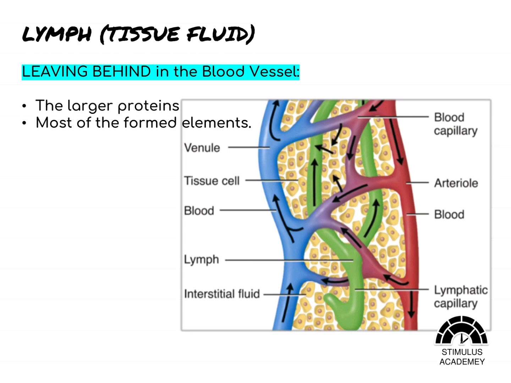And they leave behind the larger proteins and most of the formed elements in the blood vessels. So only water and water-soluble substances move out, while the larger proteins and most of the formed elements remain in the blood. As the name suggests, lymph contains lymphocytes.